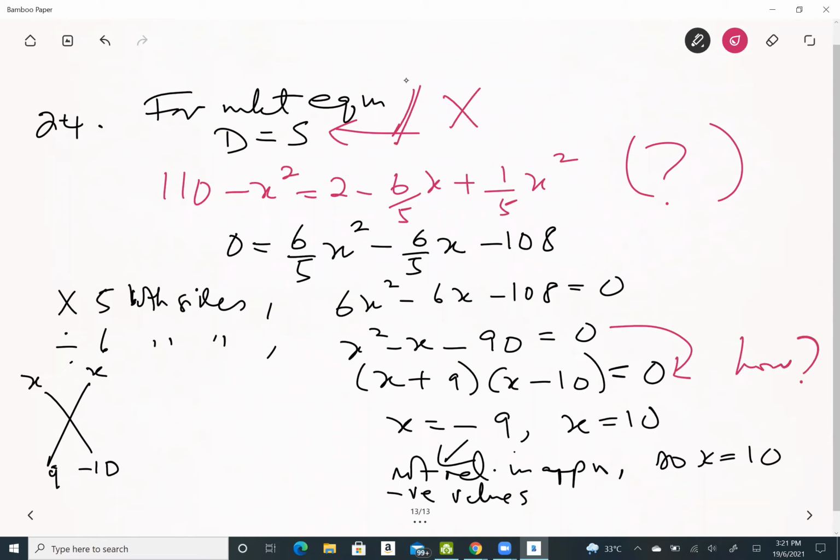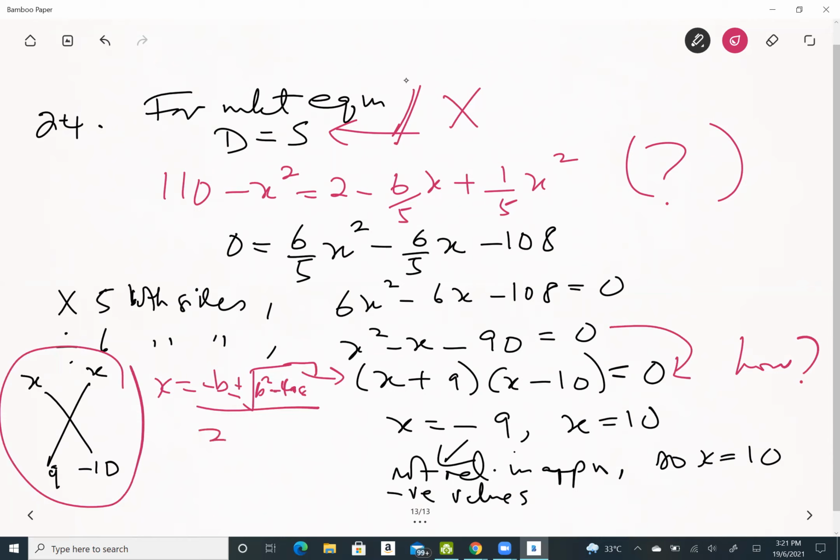Either you use this one, which is the traditional method, or you have to use the root formula, x equal to negative b plus or minus square root of b squared minus 4ac, divided by 2a. You have to use this one. If you don't, I will deduct a few marks. How come you got this? How do you know? So make sure.